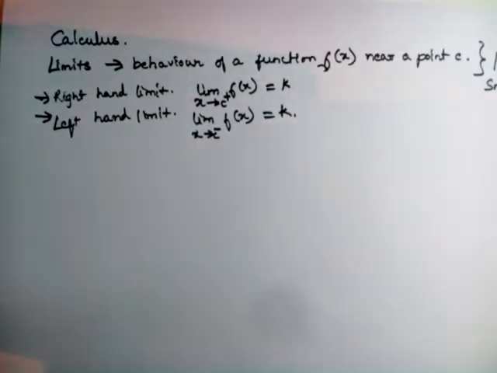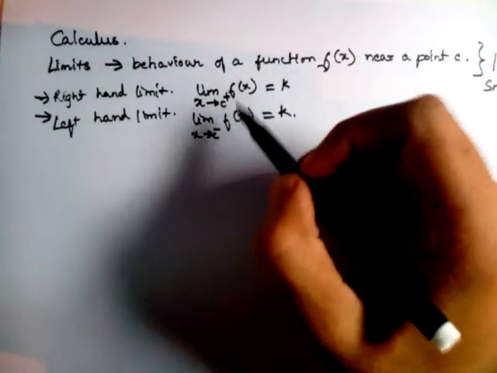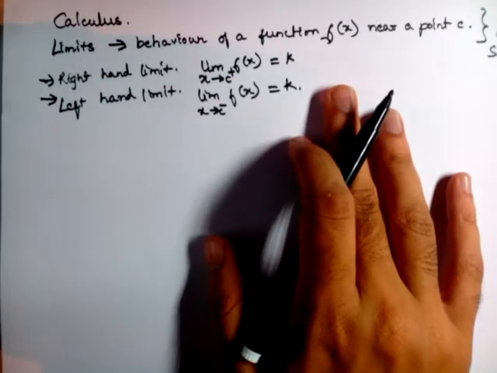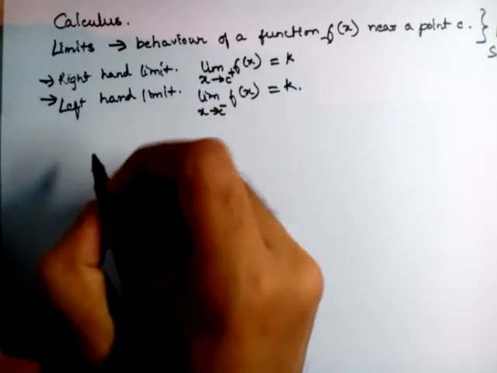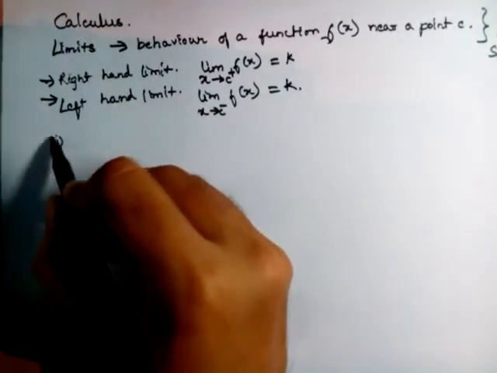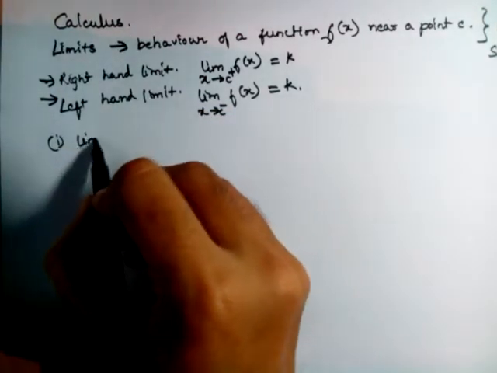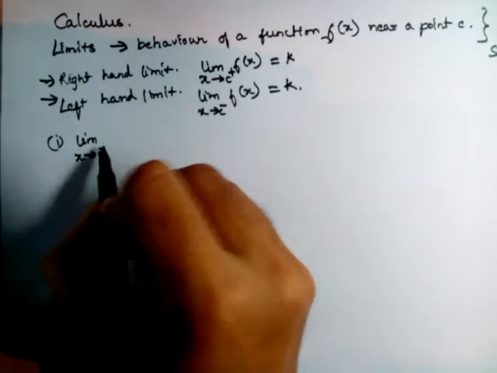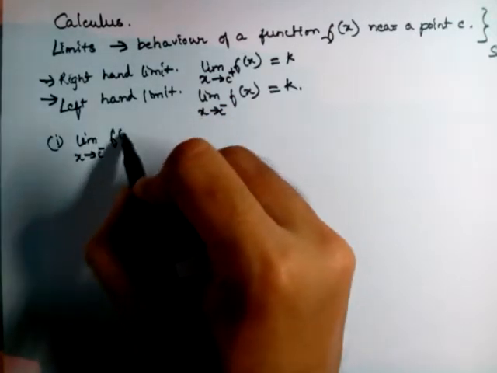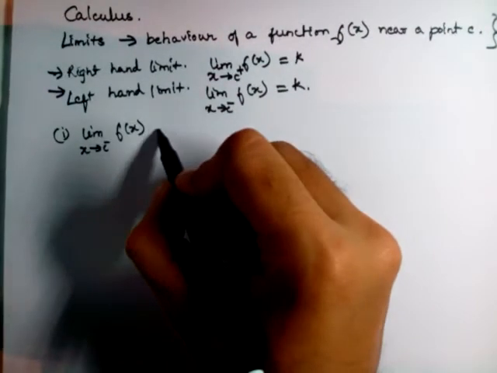Now that we know what a left hand limit and a right hand limit is, let us discuss some of the situations. Situation 1 would be limit of x tends to minus c, f of x does not exist.